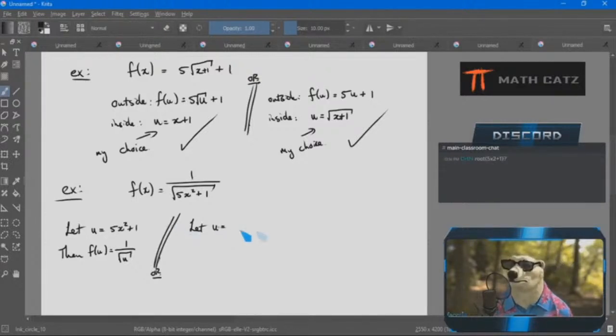The first thing I have to do is define u. I can't use it before it's defined. Square root of 5x squared plus 1. That's a different choice, but it would still work because then my outside function is 1 over u.